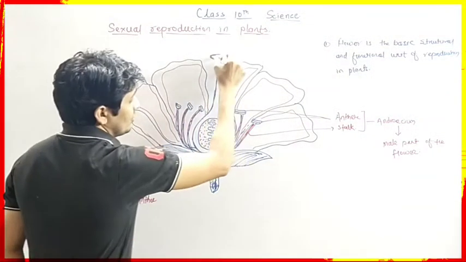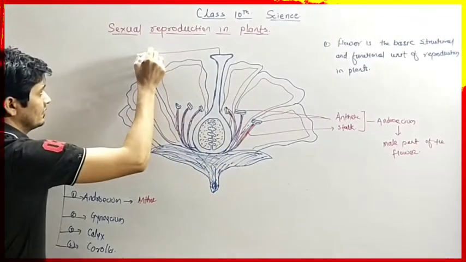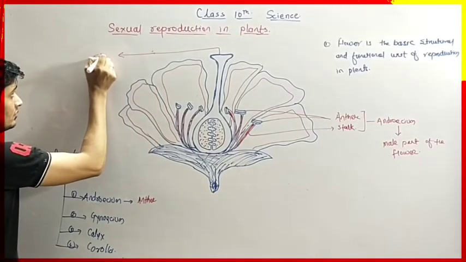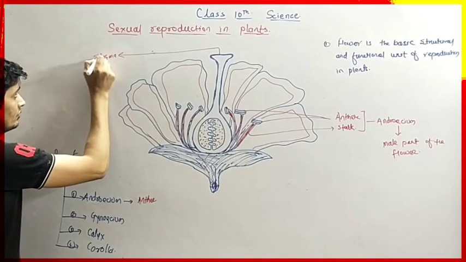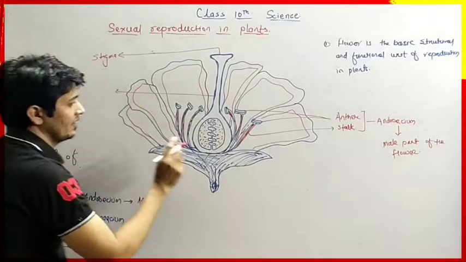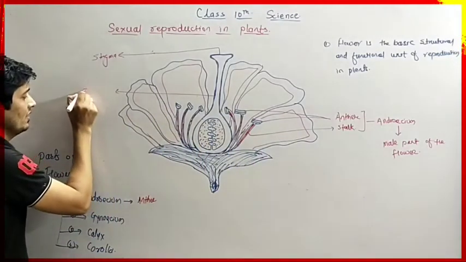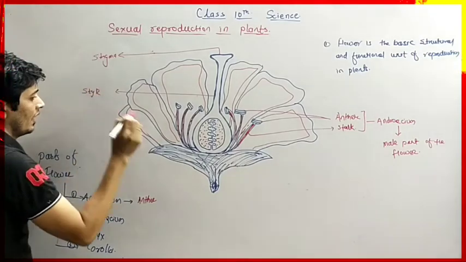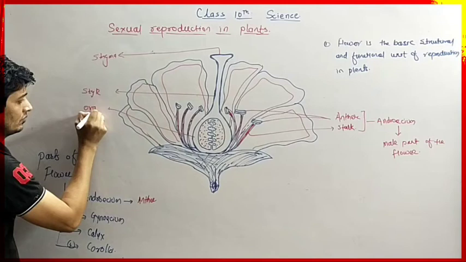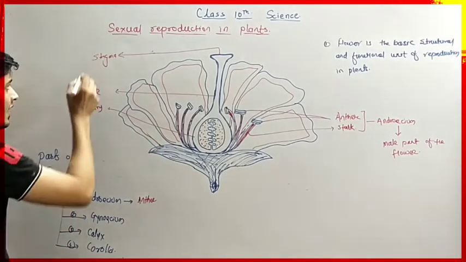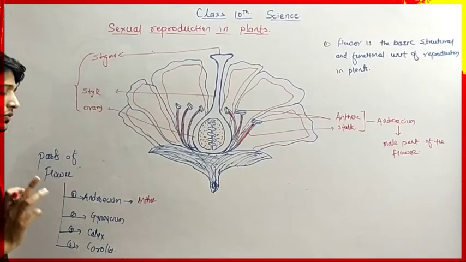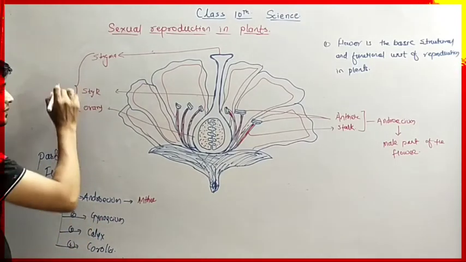This is called stigma. This is called style, and this is ovary. These three together are the female reproductive part of the flower called gynoecium.